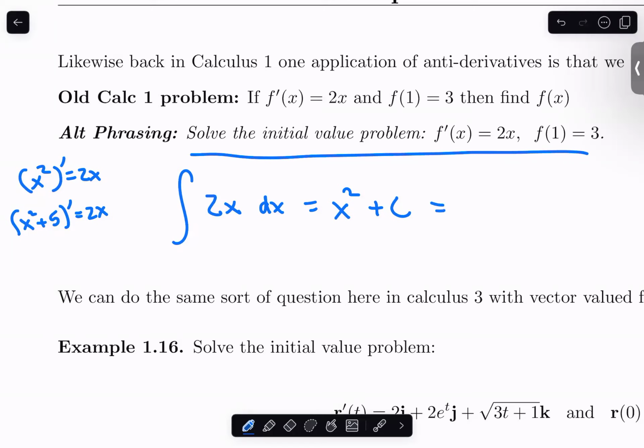So again, this right here is my candidate for f of x. I undid my derivative, thanks to the antiderivative or the integral. And I want to choose a good c here, so that when I plug in 1, I get out 3. So if I plug in 1, I should be getting out 3. And this tells me that the constant that I want to choose, this plus c, is 2, right? I can rearrange this and get 3 minus 1 is 2.